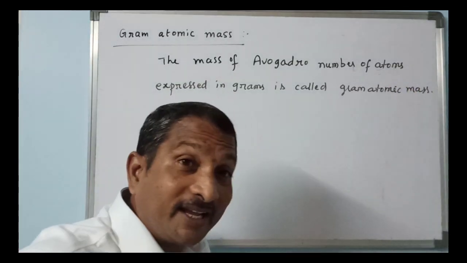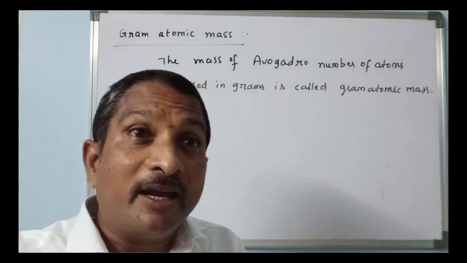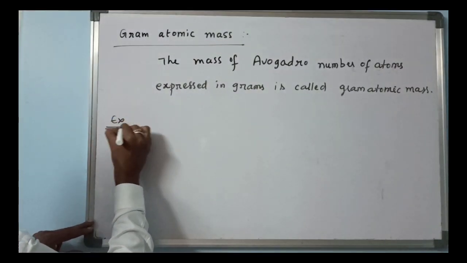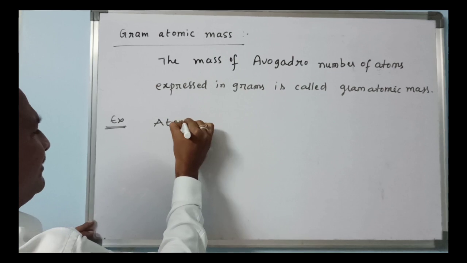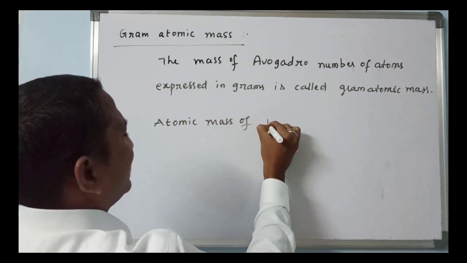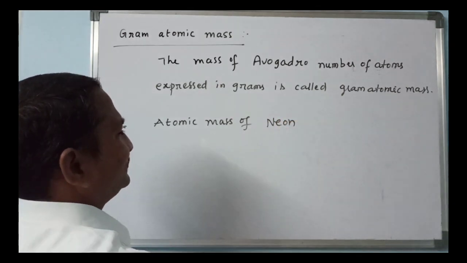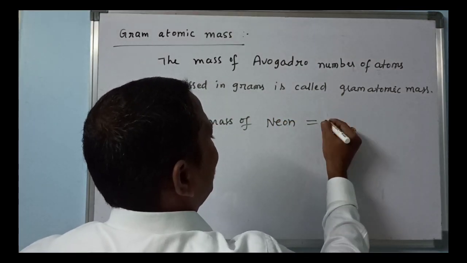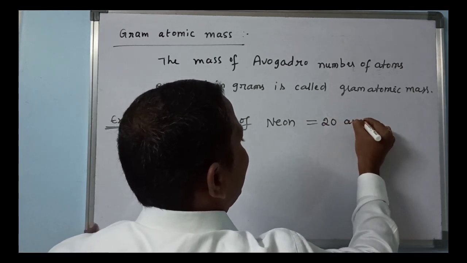Okay, how can we convert atomic mass into gram atomic mass? See how I am converting. Example, atomic mass of neon is equal to 20 AMU.